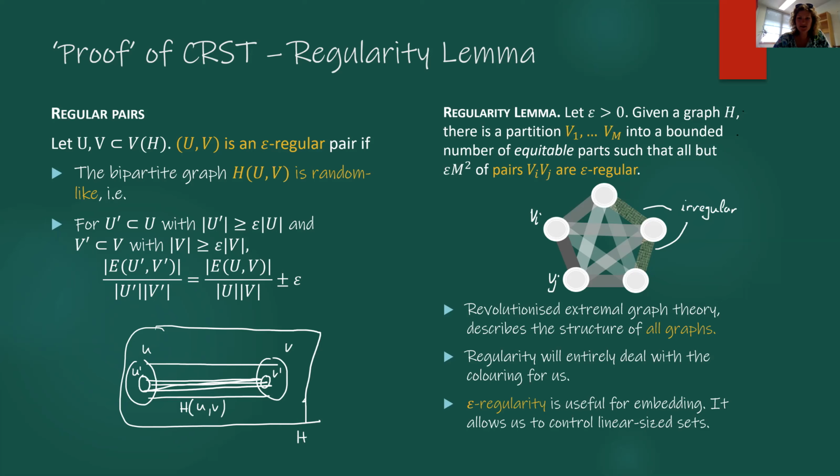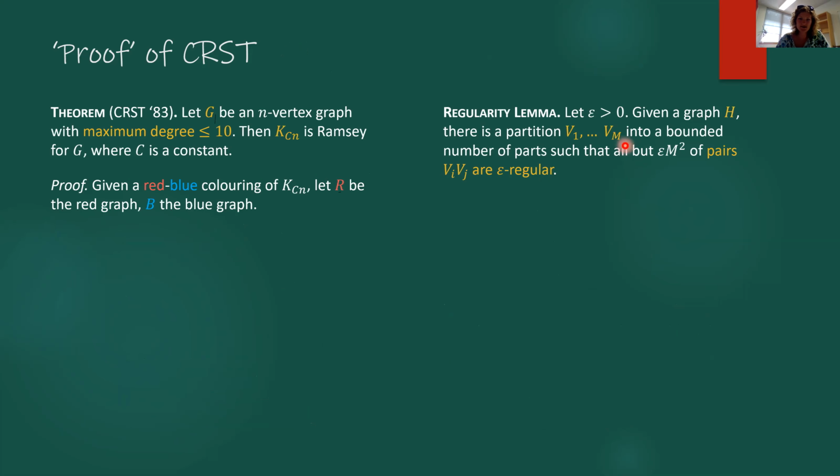Okay, so let's have a look at the proof and see how some of this works. So again, what's the aim? The aim is to find a monochromatic, so red or blue, copy of this bounded degree graph G. And if it's easier, just think of G as a path for now.